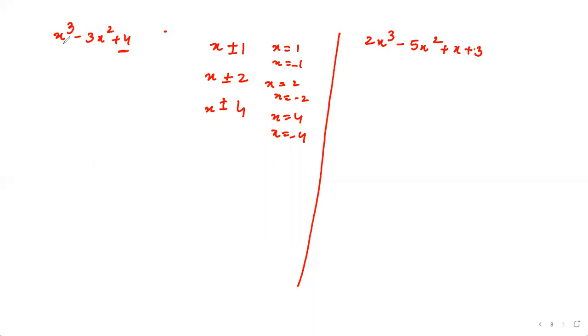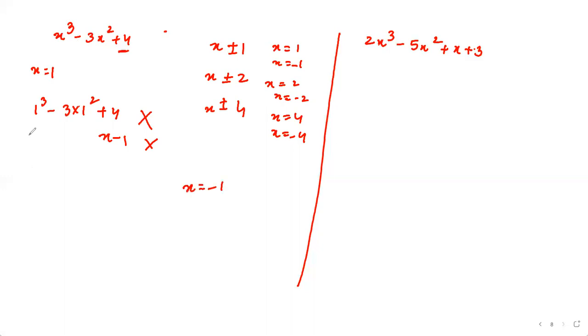So let us try with x equals 1. When I try x equals 1, I get 1 cubed minus 3 times 1 squared plus 4, which is a non-zero number. Hence, x minus 1 is not a factor of this. Now try with x equals minus 1.